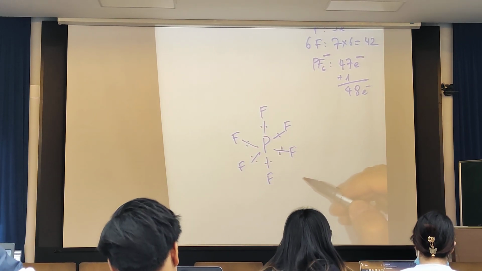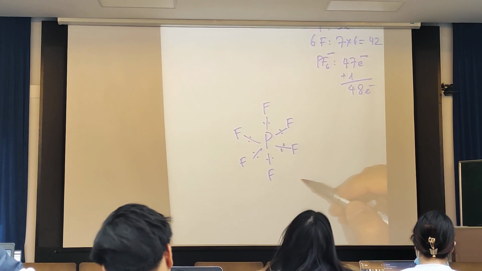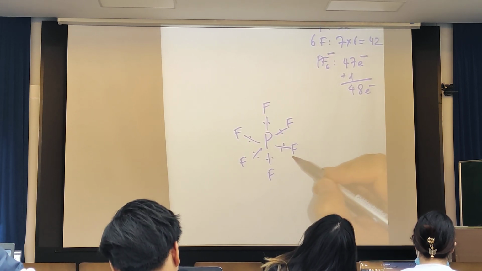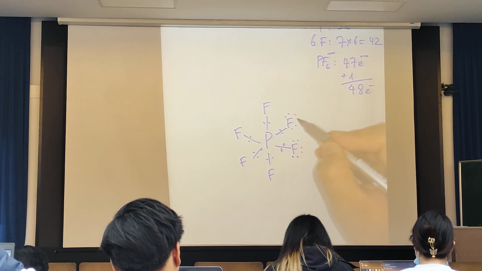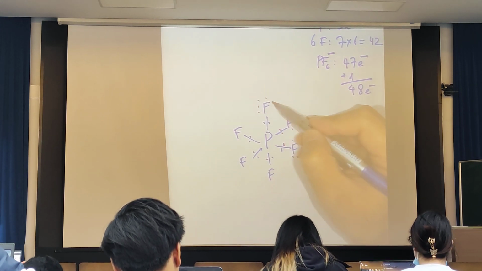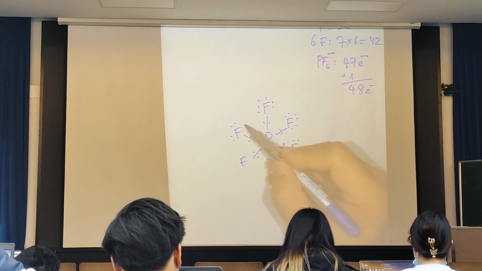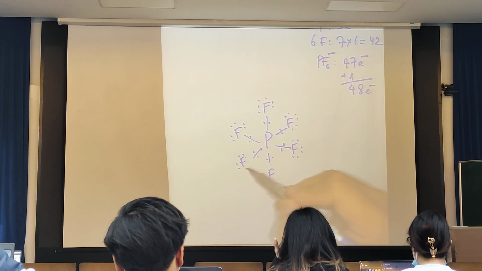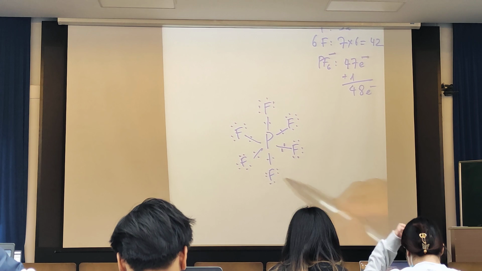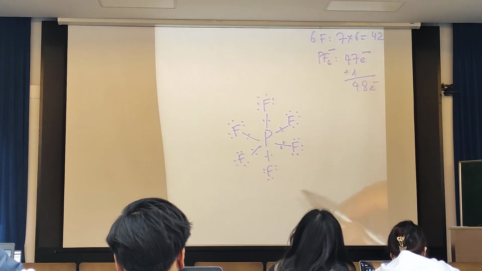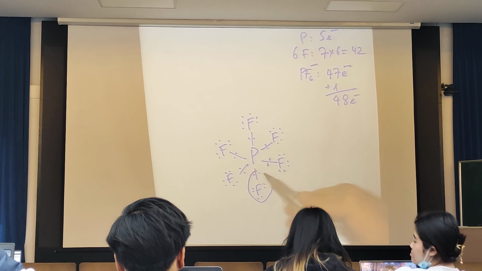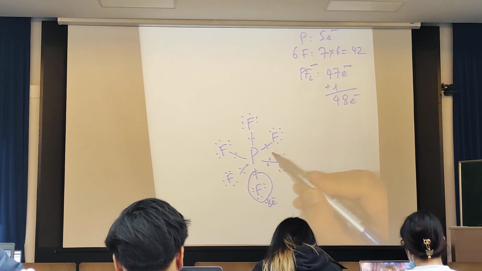Next step, you complete the octet for the fluorides. Here, 8, 8, 8. Okay? Is it okay? So, 1 electron each, next.